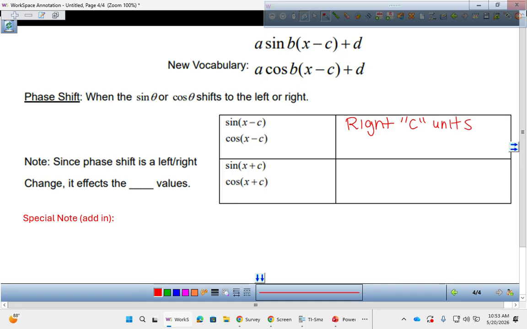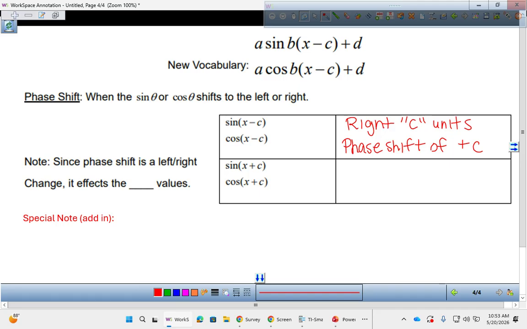And the way that you're going to write it in the description is you're going to call it a phase shift of plus C. Because we're moving to the right, we're going to add the C value to everything.